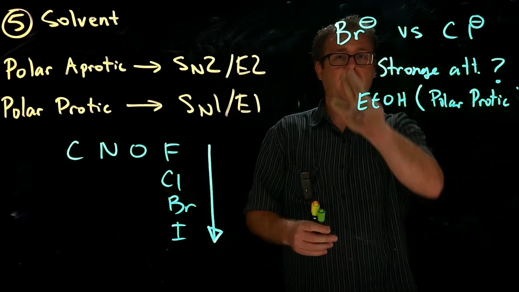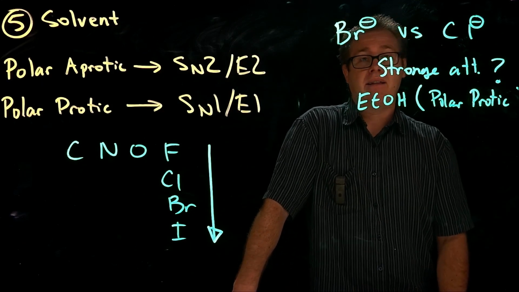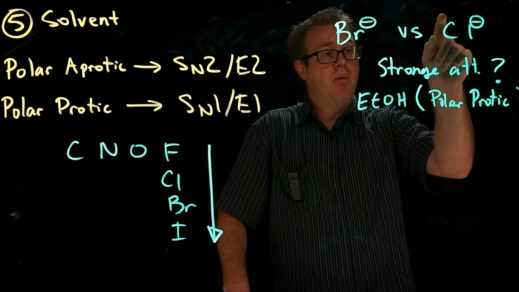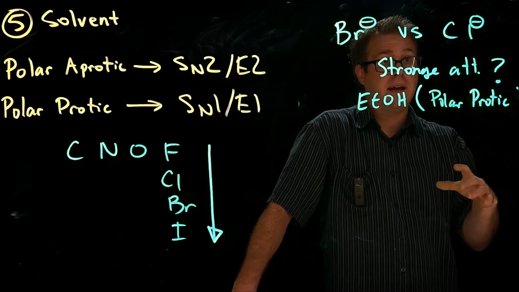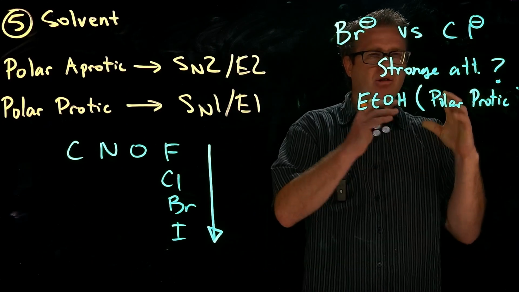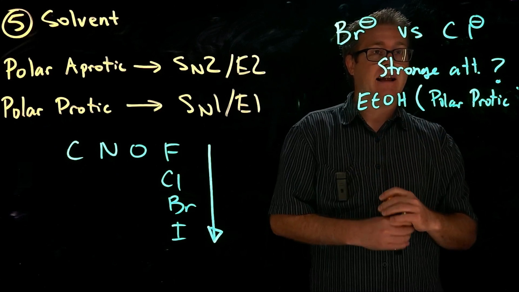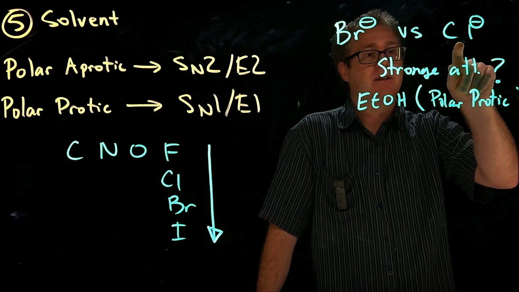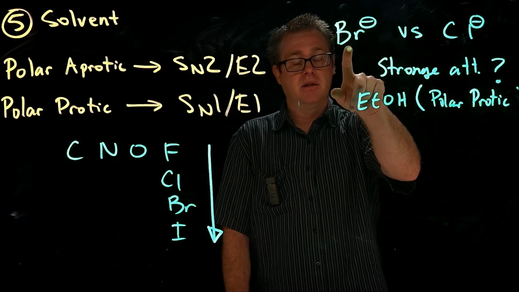Now it comes down to which anion is going to be solvated better. And the size here does influence that once again. The smaller anion is going to have more localized charge due to its size. Because it's smaller, the negative charge is more localized. And when that happens, the solvent is going to interact more strongly with a smaller anion. So this anion is going to be solvated more than the larger anion.